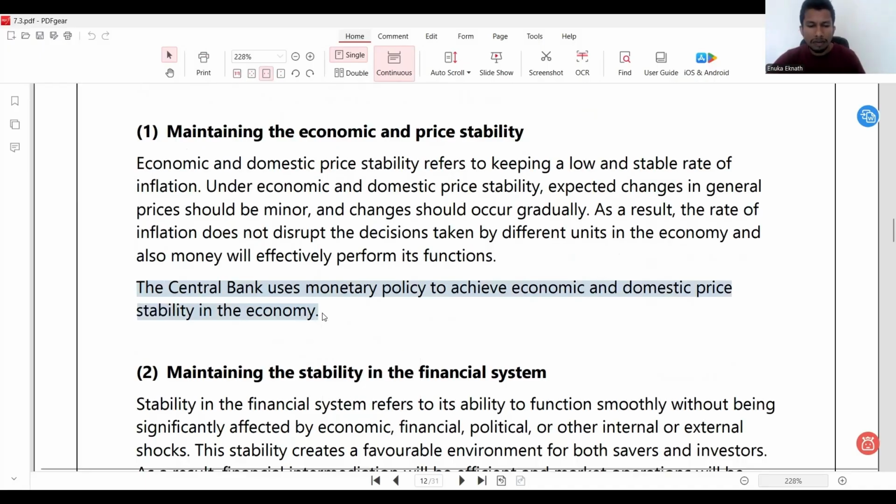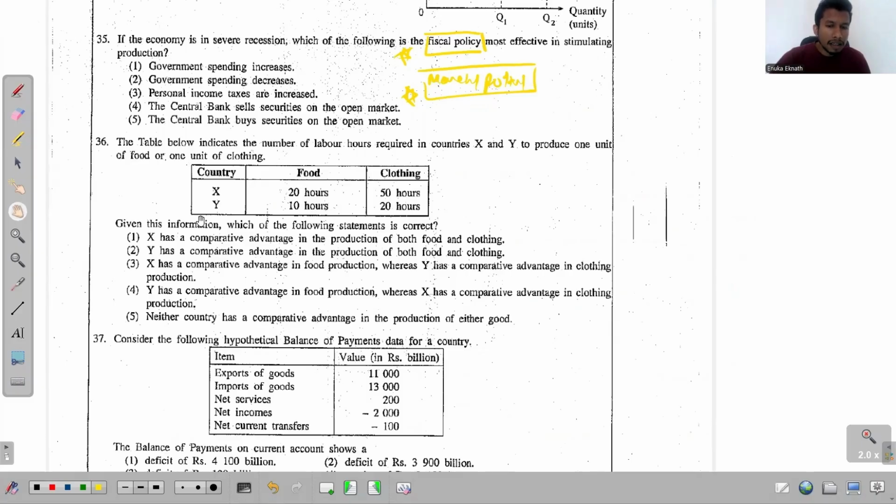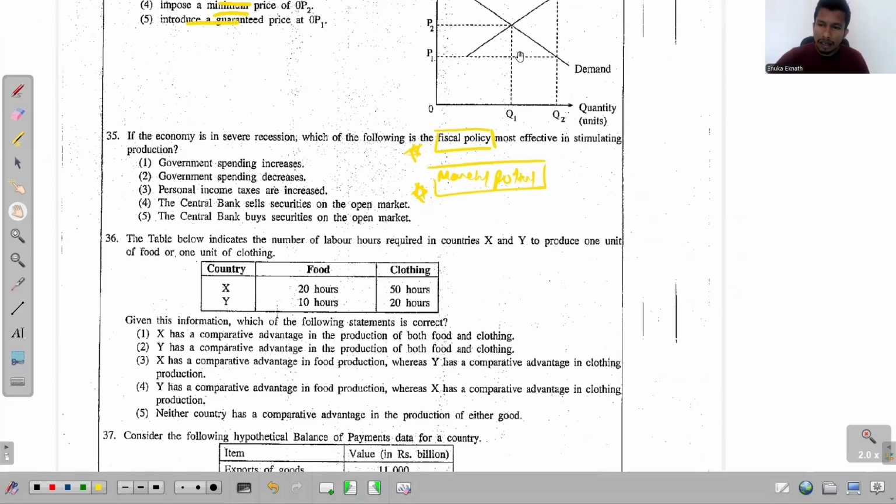So with that knowledge, let's go back to the question. The question asks us to recognize a policy related to government revenue, government expenditure, or public debt, which is most effective in stimulating the production just to overcome this severe recession.